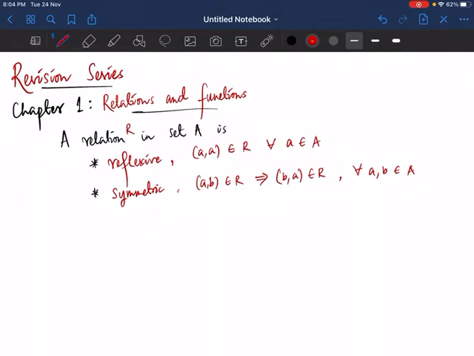Now the last one is transitive. So when can we say that a relation is transitive?